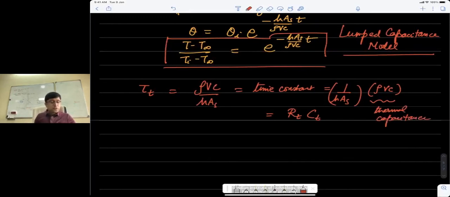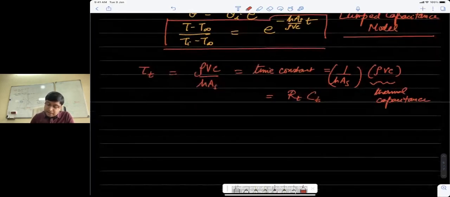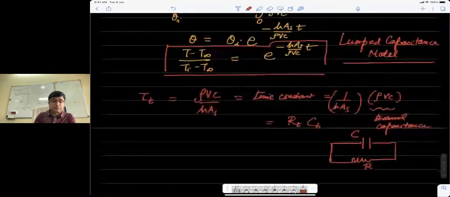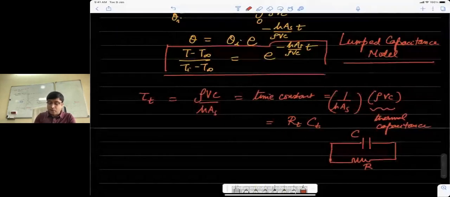Now the choice of using R and C again comes from electrical circuits. So this problem is actually very similar to discharge of a capacitor across a resistor. So there's a capacitor C with a resistance attached in series, R. So if you charge a capacitor and you discharge it, the response is actually given by the same equation, except of course we don't write in terms of h and so on.